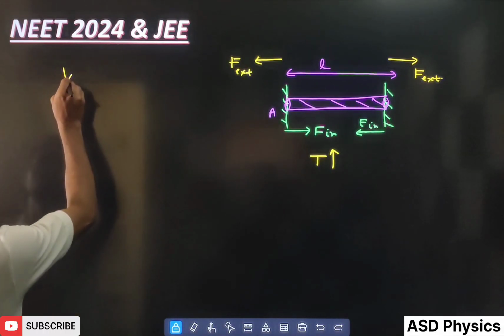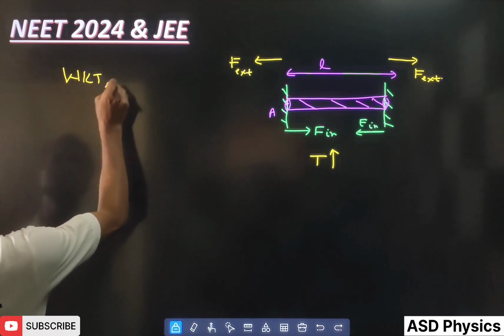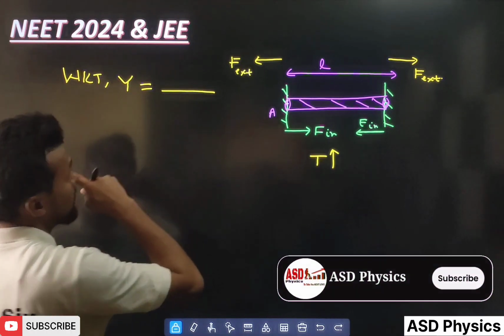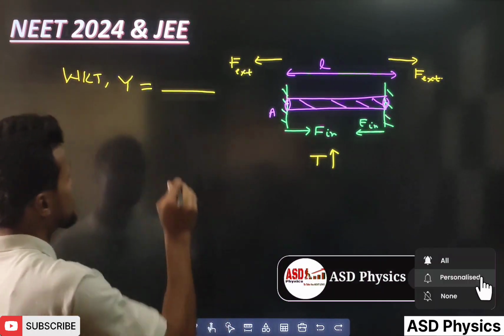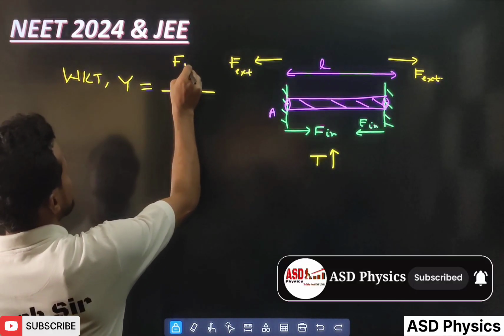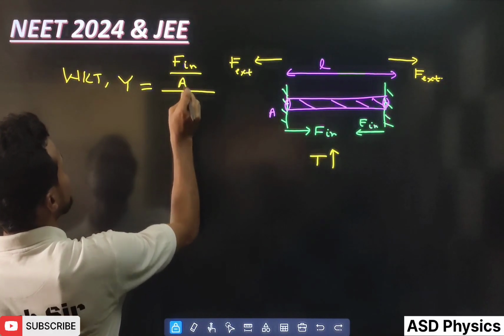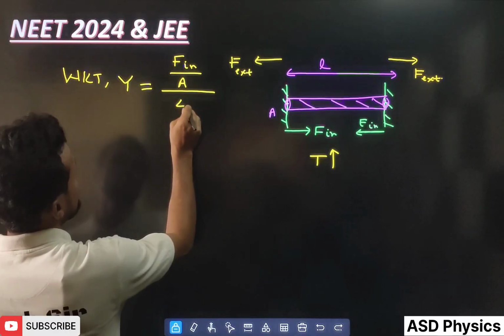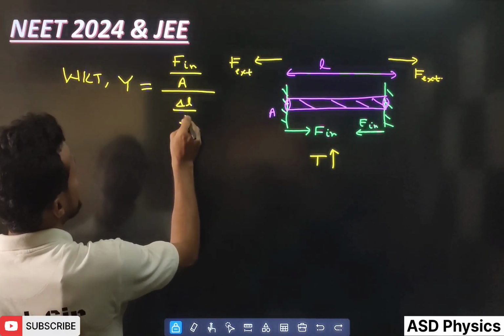Now remember that the formula is what? We know that Young's modulus is given by stress by strain. Stress is given by the internal force by area, and strain is given by change in length by original length.